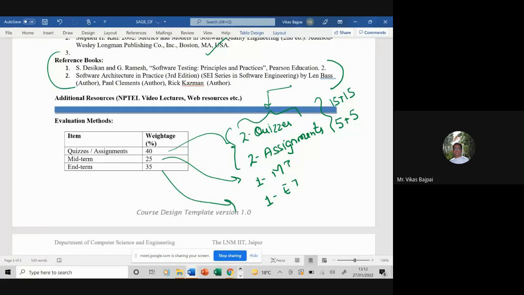Plus, the midterm and end term will obviously be announced, and similarly your quizzes will also be announced well in advance. And for assignment submission also, I'll give a decent amount of time.